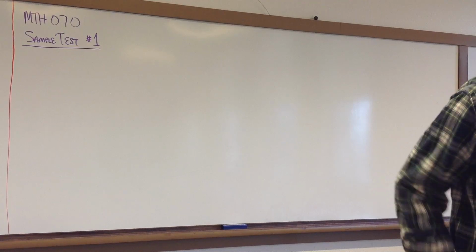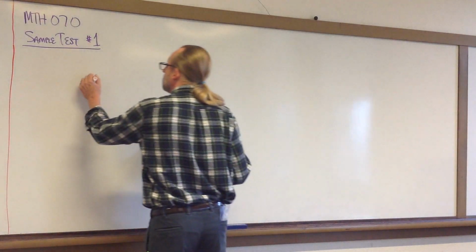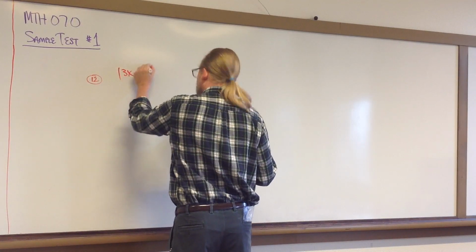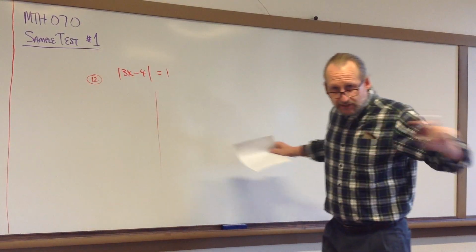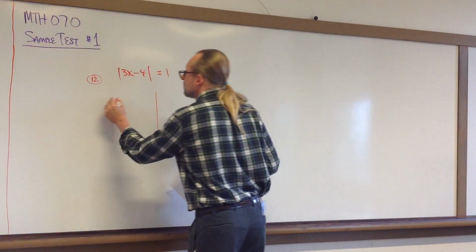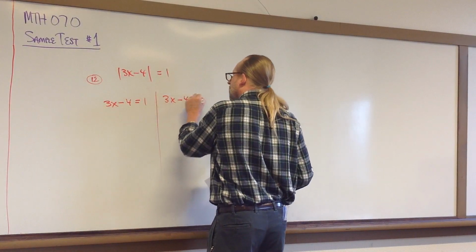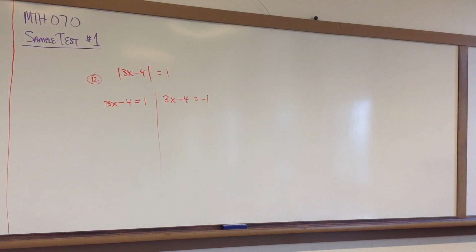Problem 12 is an absolute value problem. And the fundamental idea here is that an absolute value gets split in half. There's 2 possibilities. 3x minus 4 could be +11, or 3x minus 4 could be -11.